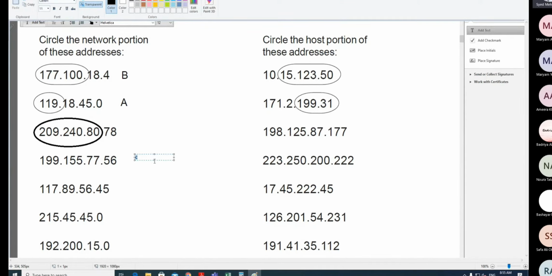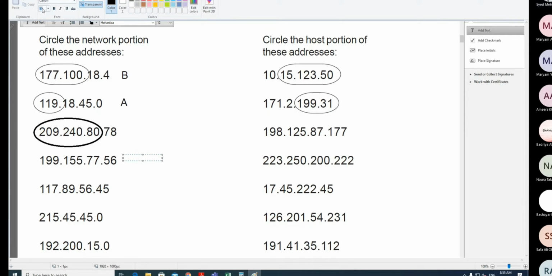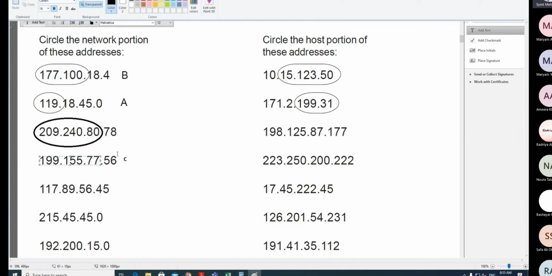Sorry, let me make it a little bit bigger. This is class C. In class C, the network portion is 24 bits.